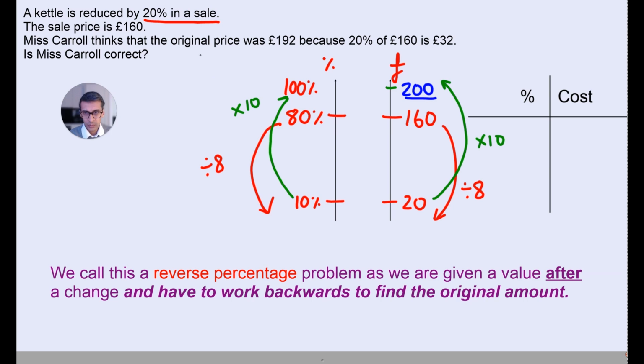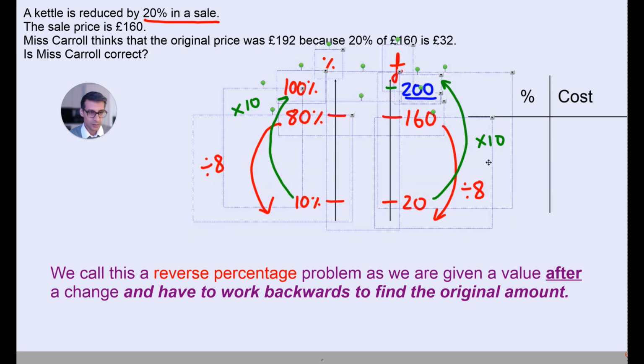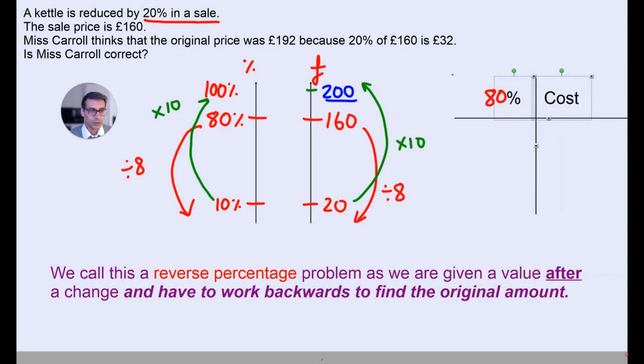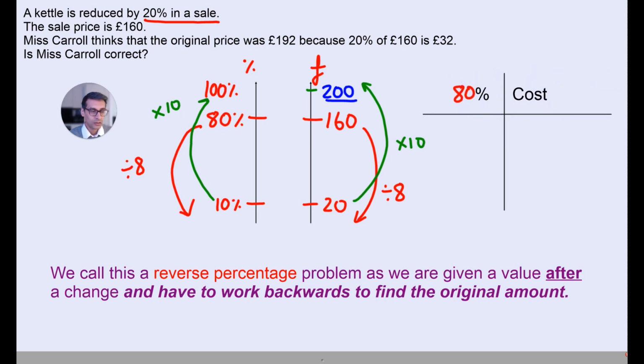So I'm going to show you the same question just using the table method. If you want to use the table method, you could do that as well. So the way you'd start this off is, you know that 80% is equivalent to 160, and then from there we're using the same numbers as before.